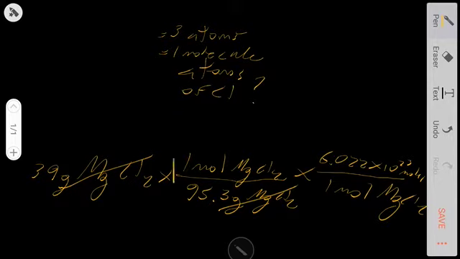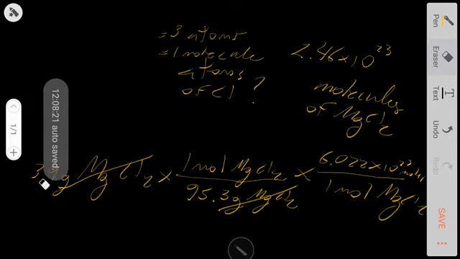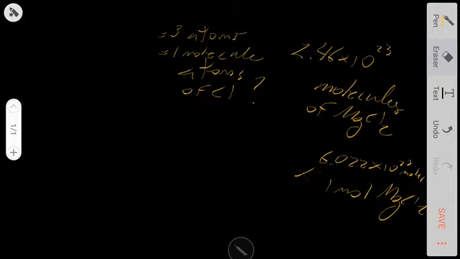I should get an answer here of 2.46 times 10 to the 23 molecules of MgCl2. I'm not done yet though, because my question is, how many atoms of Cl? Right? How many atoms of Cl? I'm going to erase this for now to give me a little more space.